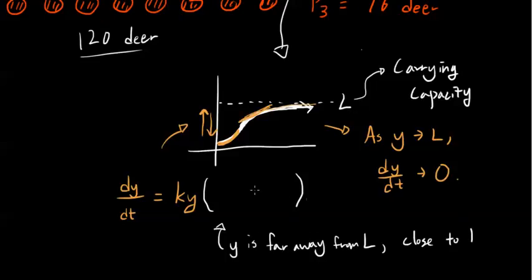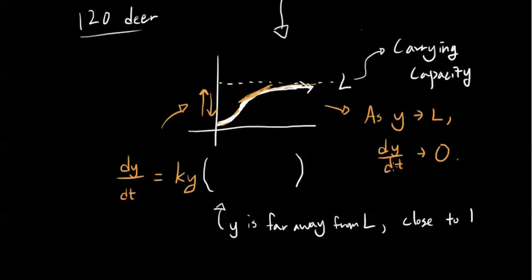Why do we want it to be close to 1? Because if y is far away from L, the growth is going to be almost exponential, which means we want this to be ky times something very close to 1, because ky represents exponential growth.